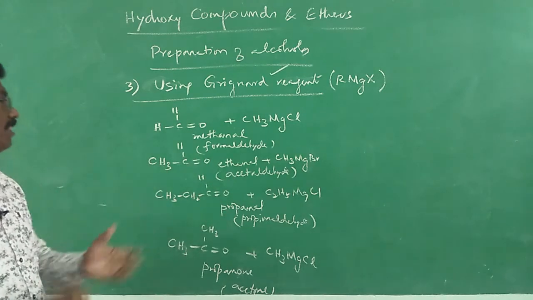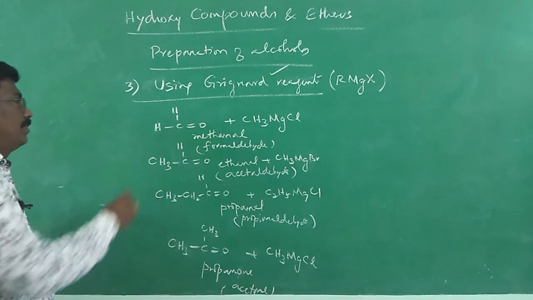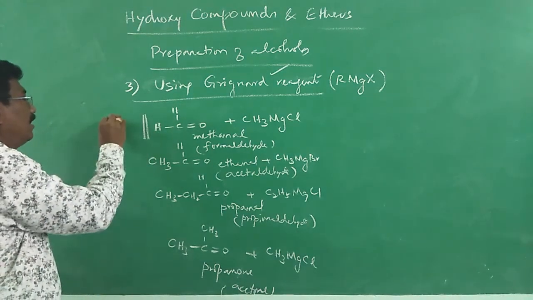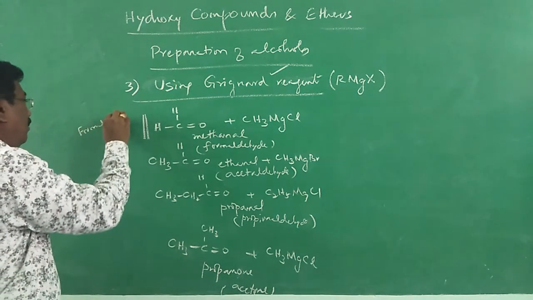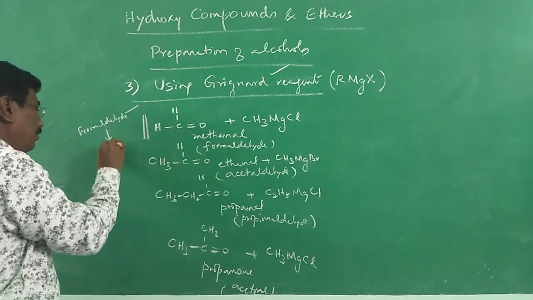When made to react with the corresponding aldehyde, formaldehyde gives only a primary alcohol. Don't forget, the reaction of formaldehyde with the Grignard reagent gives only a primary alcohol.